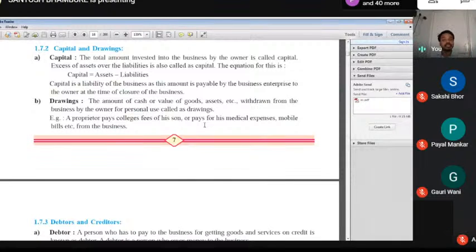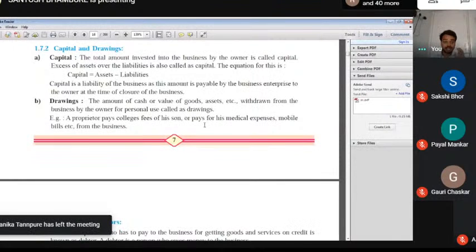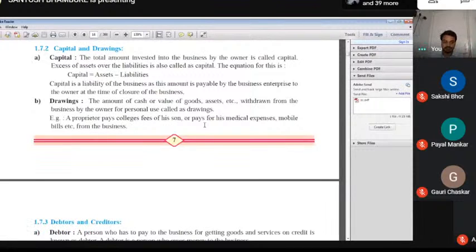Amount deposited into the business by the proprietor, by the entrepreneur, by the businessman. These are simple meanings of capital. Total amount invested into the business by the owner is called capital. It's a very nice and most important point.